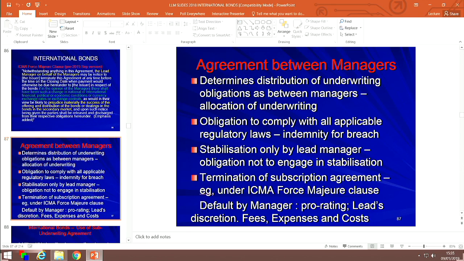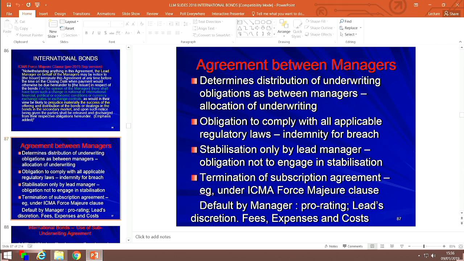This distribution, which is occurring under the terms of the agreement between managers, is, as the term states, an agreement between the underwriters and nobody else. So if, for example, you have a bond issue which fails up to 20% and is not sold by closing date, the issuer calls on the lead manager to take up and pay for 20% of the bonds.